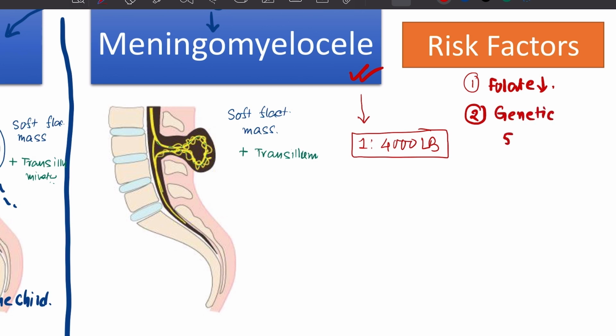like 5,10-methylenetetrahydrofolate reductase enzyme mutation, or it could be some anti-folate drugs, that is anti-epileptic drugs like valproate, carbamazepine, and phenytoin.